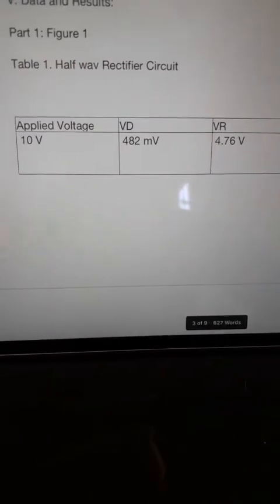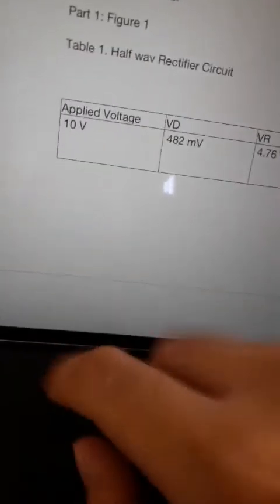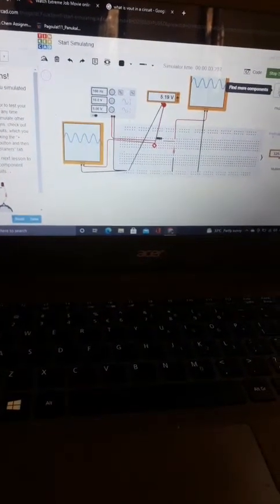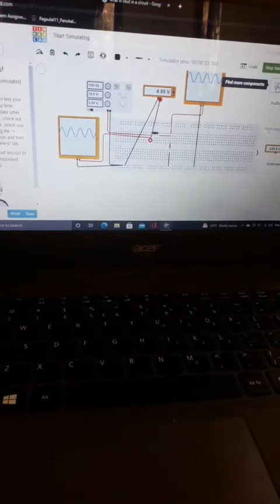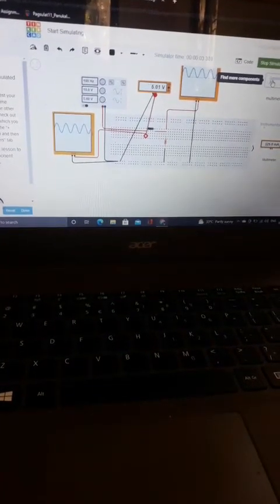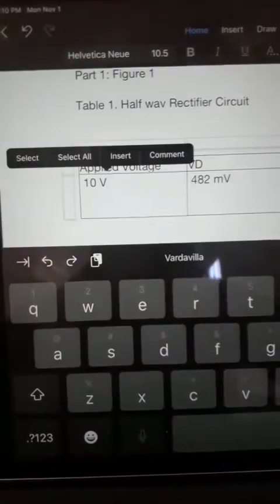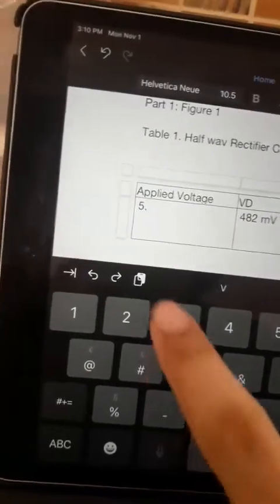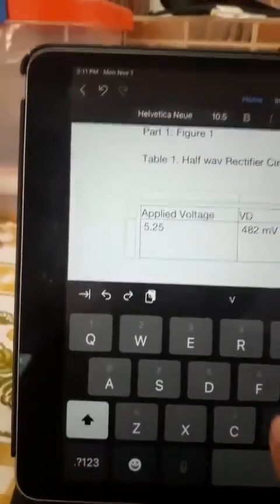So I'm guessing that this probably is the applied voltage, which is, let's just go with the high number, 5.25 volts. There we go, our applied voltage.